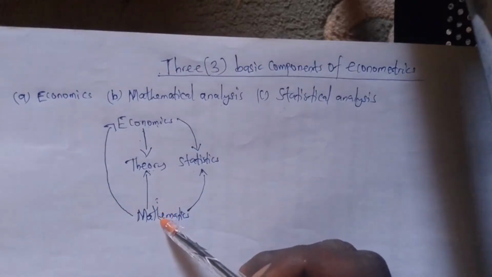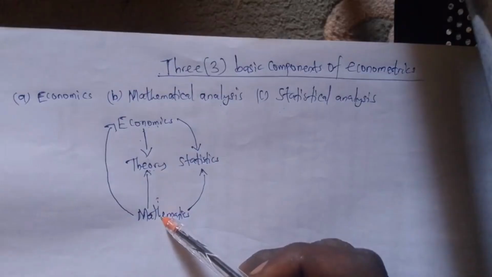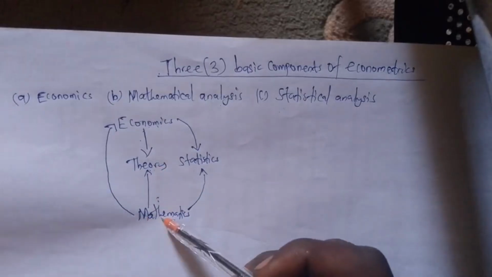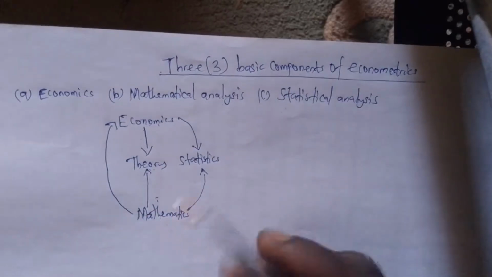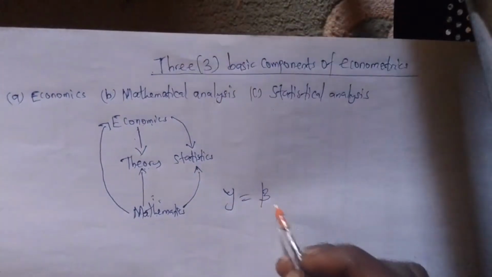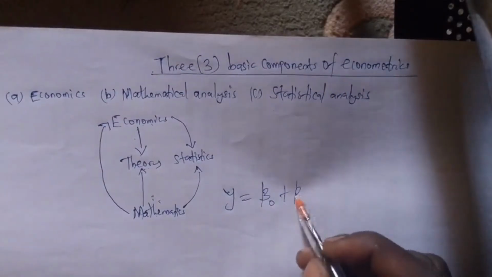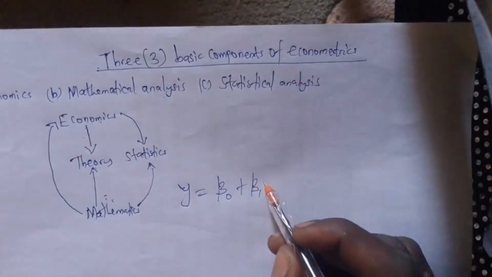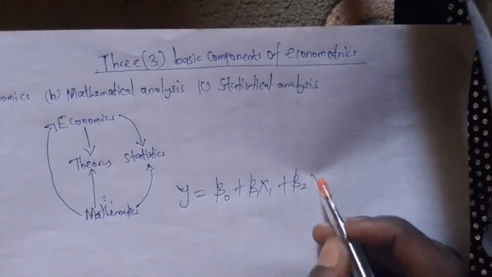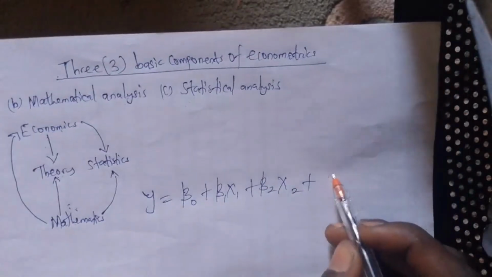Then we now convert or turn this theory into an equation. An equation is something like y is equal to β₀ plus β₁ x1 plus β₂ x2 plus what?